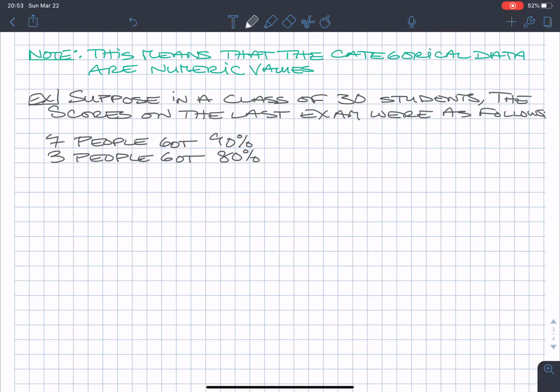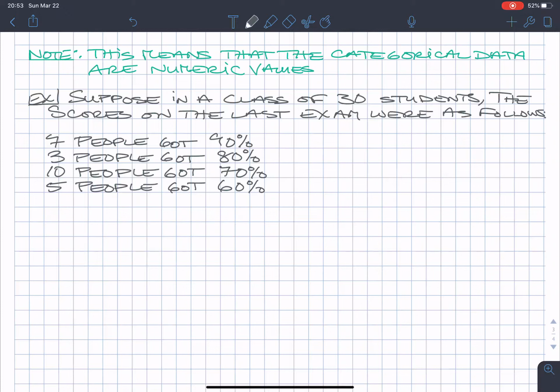Let's do 10 people got 70%. 5 people got 60%.